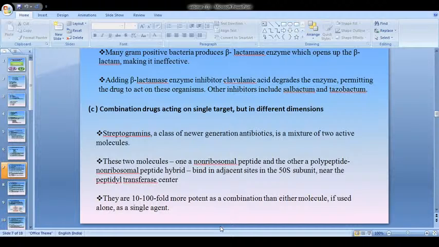They are about 10 to 100 fold more potent as a combination than either molecule used alone as a single agent.